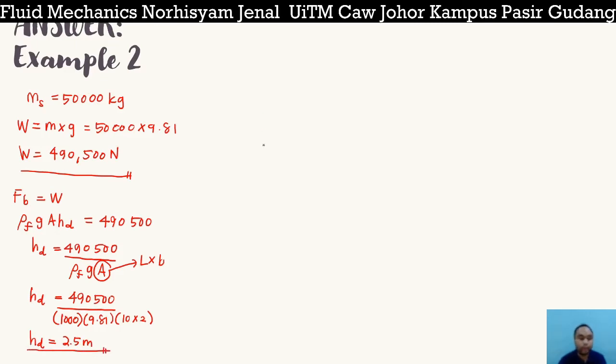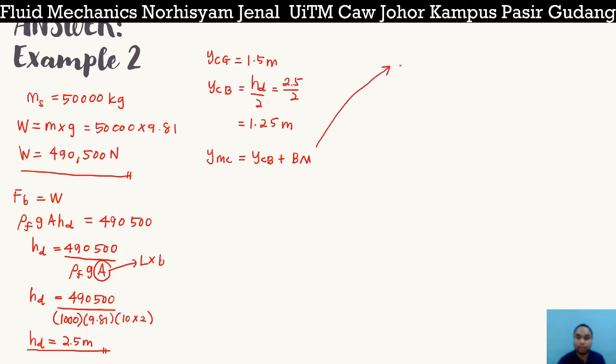Okay, now that we have HD, we list out the YCG. YCG from the question is 1.5 meter. The YCB is just your HD divided by 2, which is 2.5 divided by 2. So YCB is equal to 1.25 meter. To find your YMC, the YMC is equal to YCB plus BM. First, we need to calculate the BM.